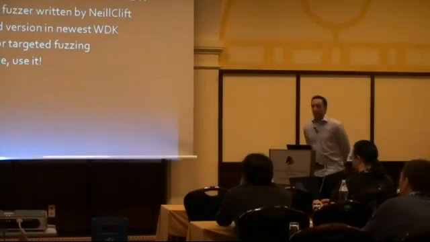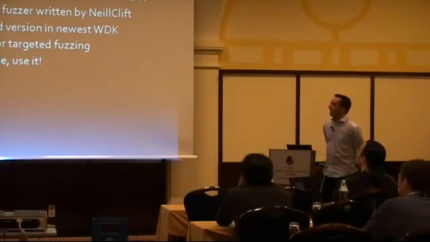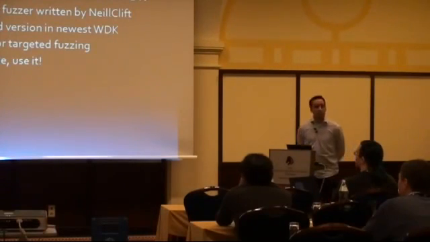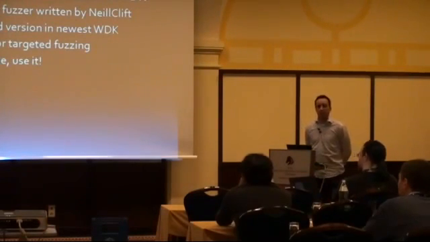So this is the part where I'm going to outline several free tools that are out there, mainly developed by Microsoft. First of all, DevCtl is an IOCTL fuzzer that is included in the WDK. WDK is kind of an SDK for developing in kernel mode.